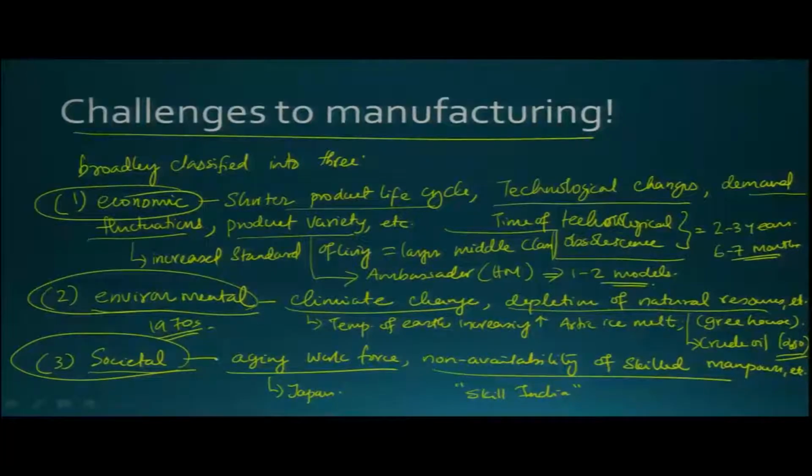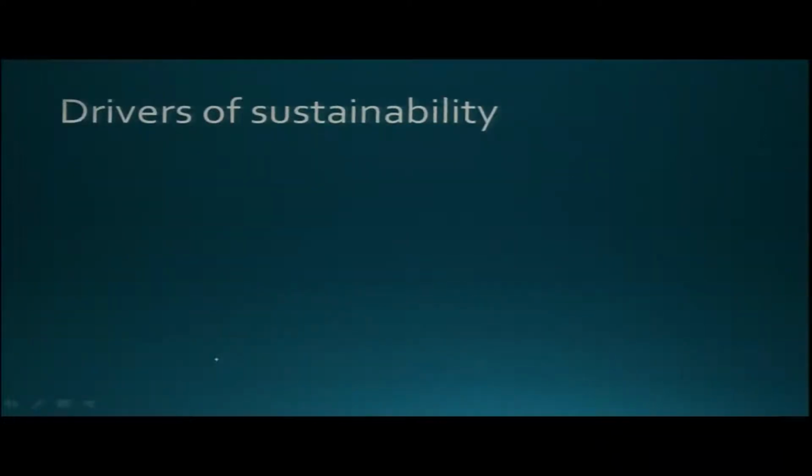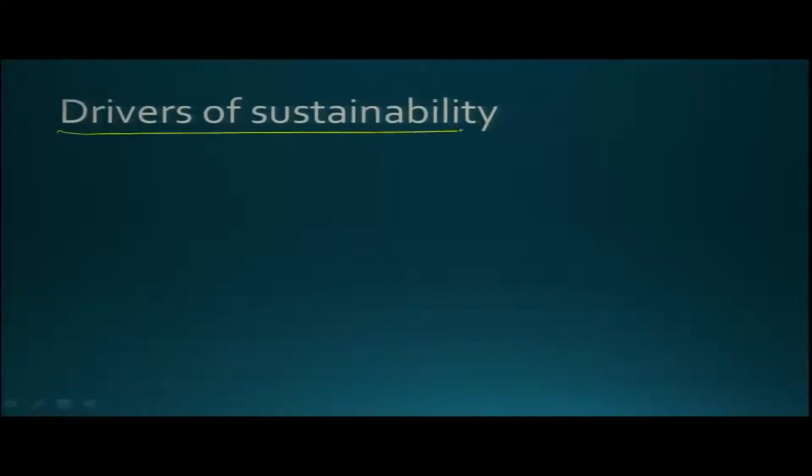So thinking along these lines, we can next get into the concept of what the factors or drivers are that drive the concept of sustainability in a system called manufacturing.